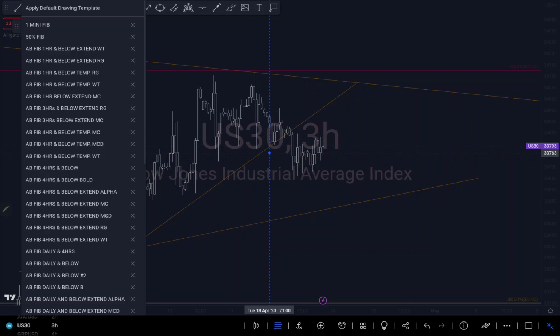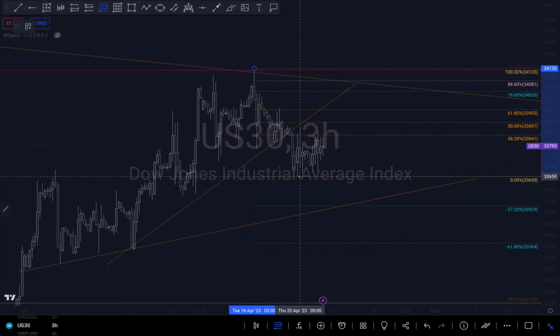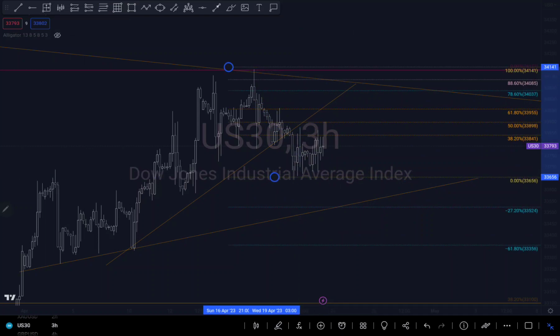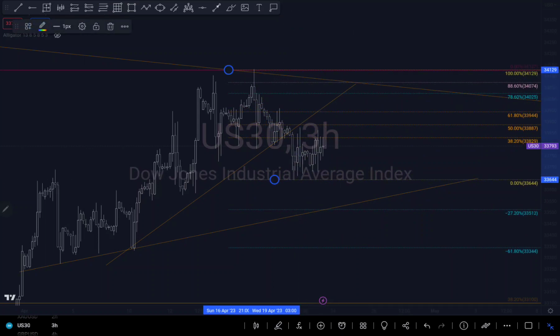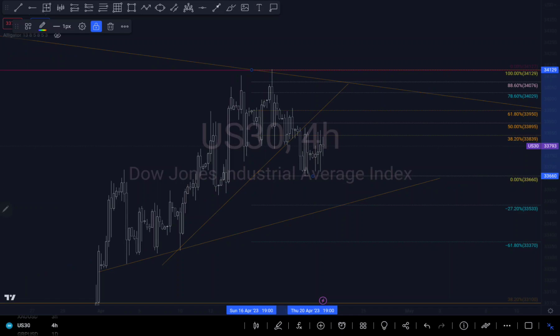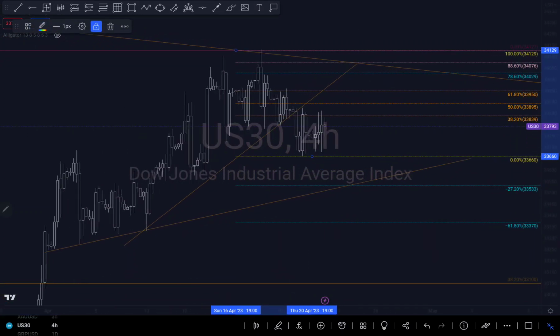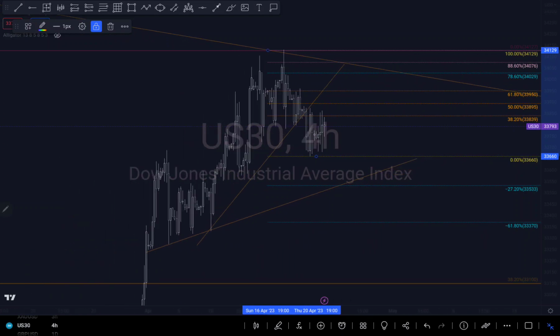So let's see, now that we are currently here, I can see this here and here, because there was a breakout structure around that level. So let me go to the 4-hour. Breakout structure around that level. Let's see what is happening.